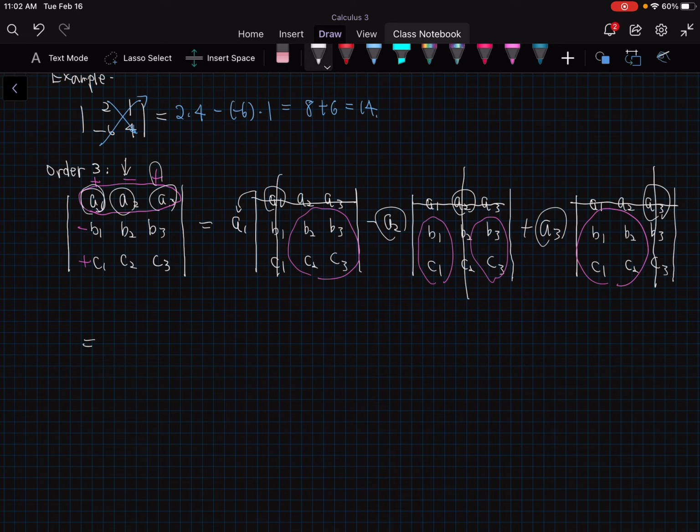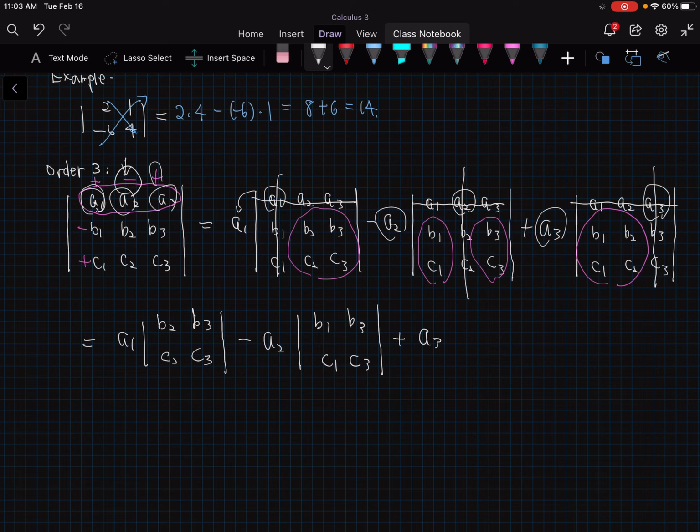So this is equal to A1 times the determinant B2, B3, C2, C3. Remember alternating sign, so it's minus A2 times the determinant B1, B3, C1, C3, and plus A3.